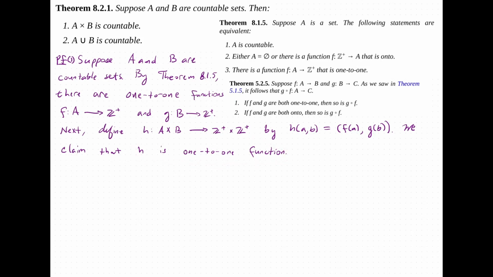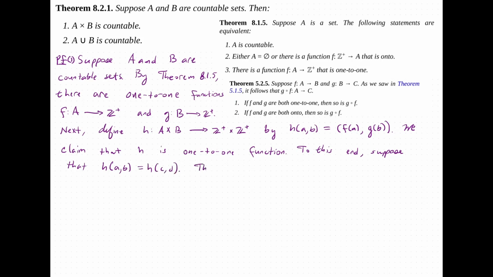To prove that something is 1 to 1, we want to take another ordered pair, let's say (c, d), and suppose that h of (a, b) is equal to h of (c, d).